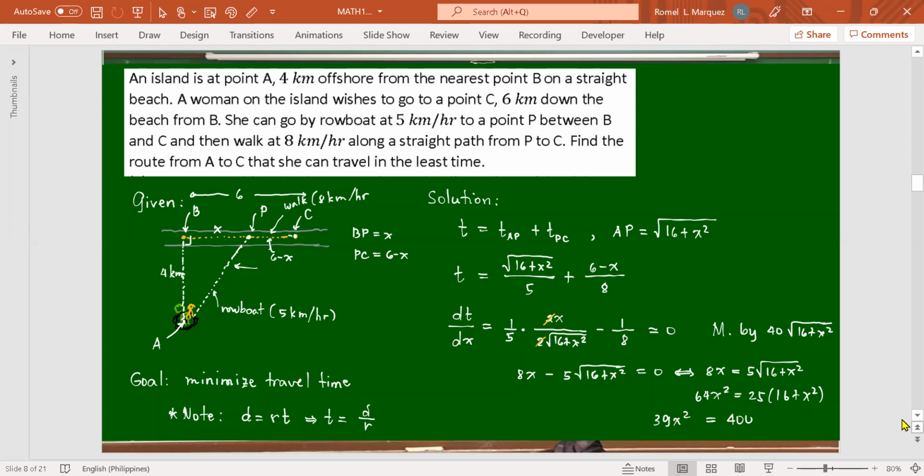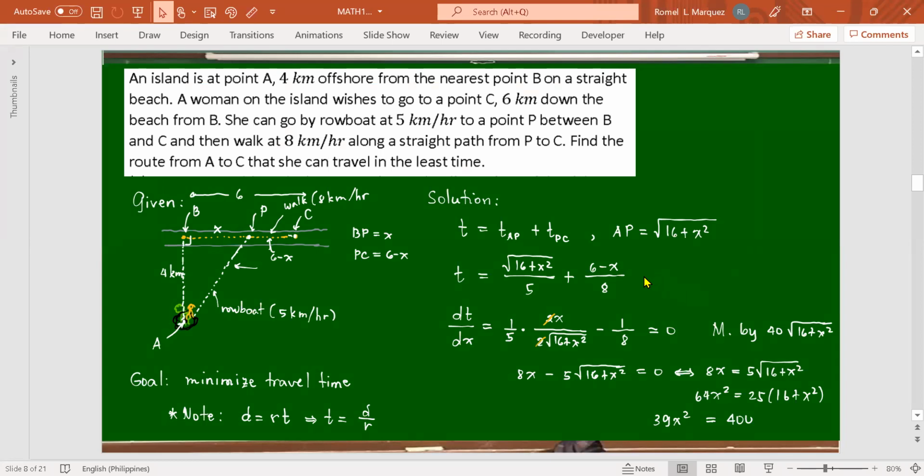Okay. What is x squared, guys? Plus or minus square root. But our x is what? Ang x natin ay hindi lalampas ng what, guys? Anong x natin? Hanggang what lang? Hanggang 0 to 6 lang, di ba?